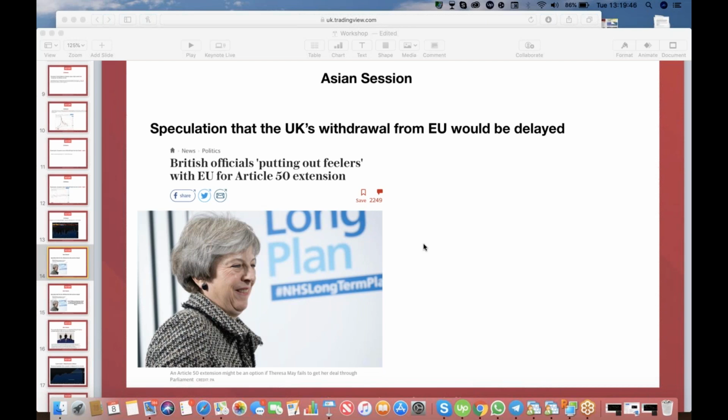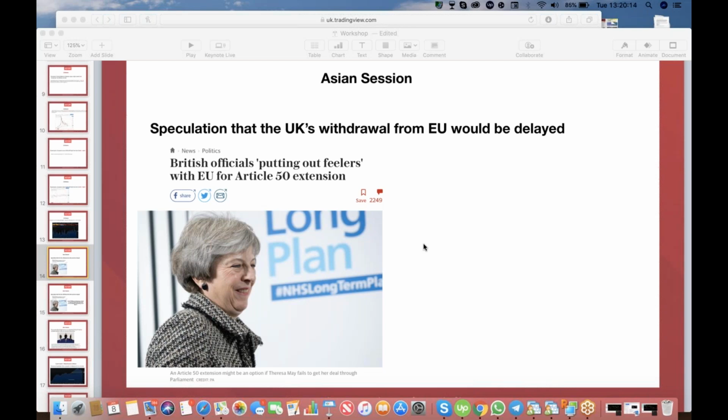Theresa May has considerable difficulty getting her deal through the UK Parliament. What that means is she's running out of time, because she has to get the deal voted for and agreed by Parliament before the deadline of the 29th of March. So literally, time is running out. The question from this point is, what is Theresa May going to do?